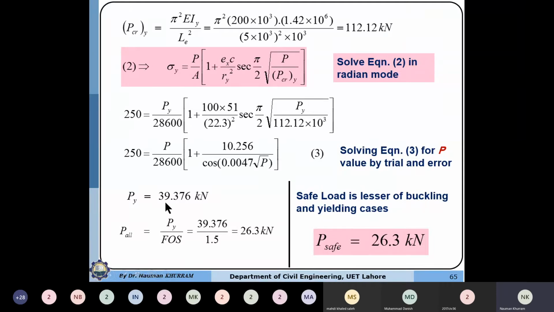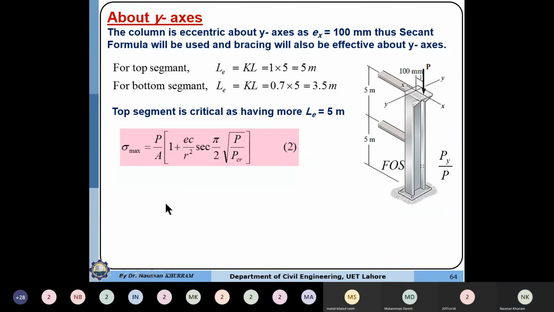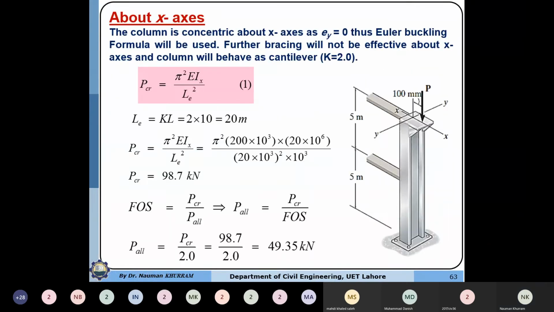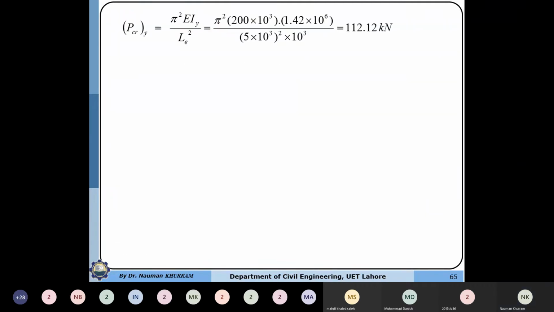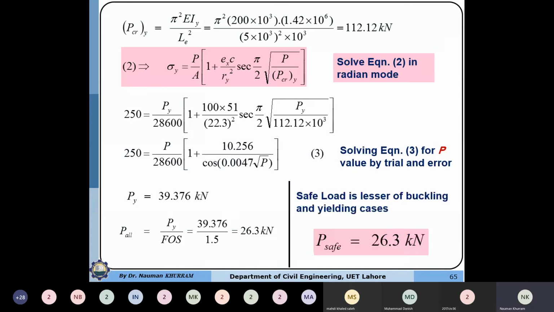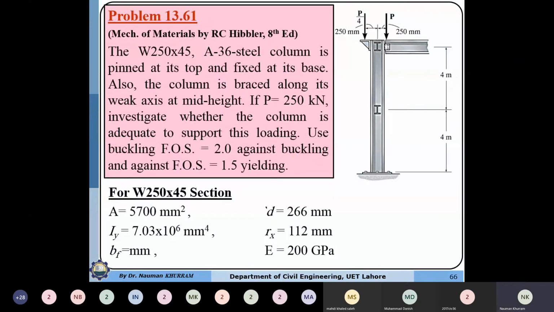It means that the yielding load is lesser, 39.376, and the buckling load is 49.35, which is about the x-axis. So it means that yielding may occur at a load value less than the critical load if there is an eccentricity in the column. So in this way, we have concluded this.